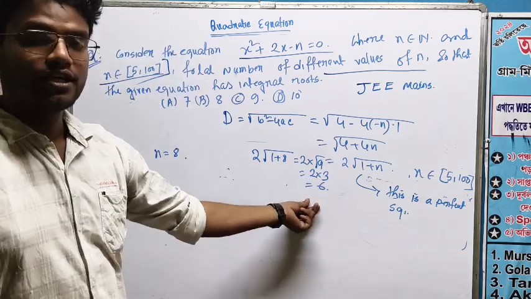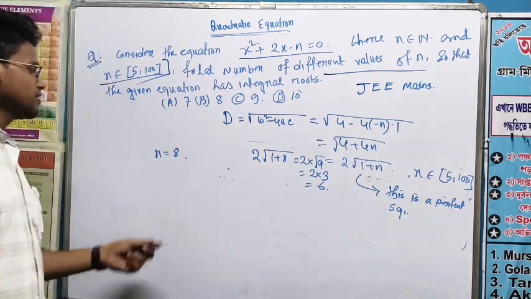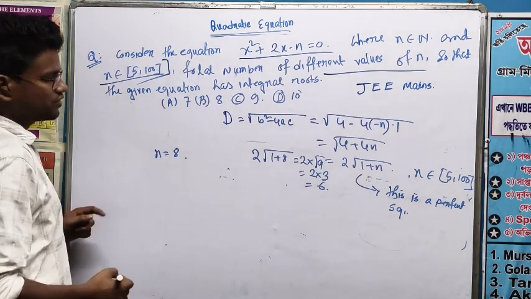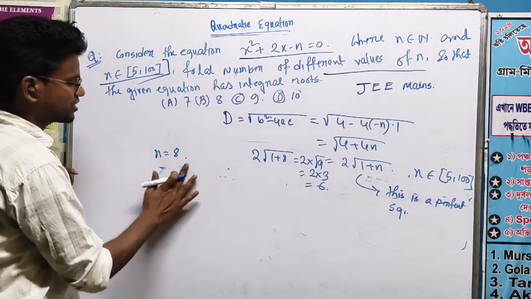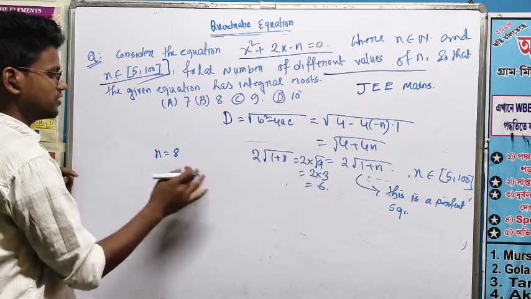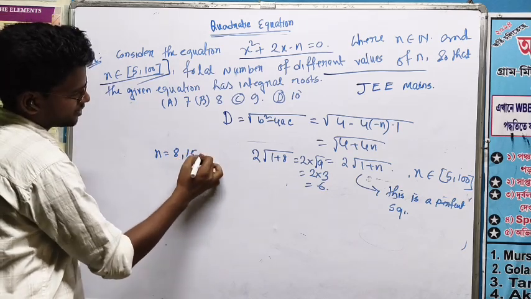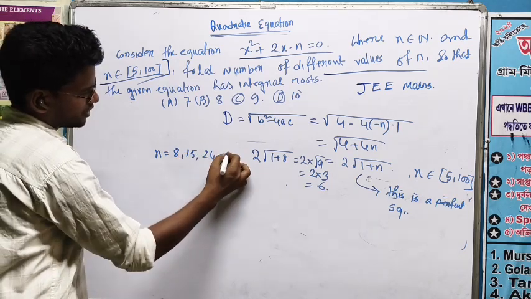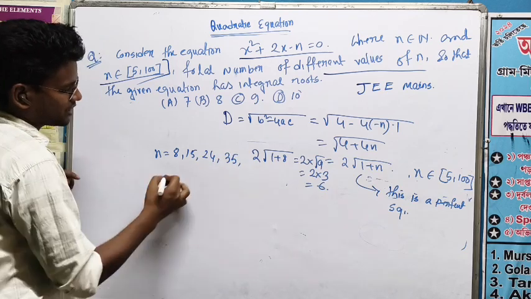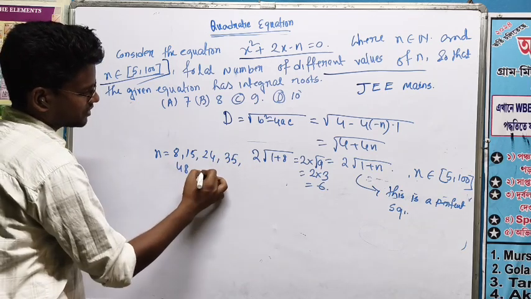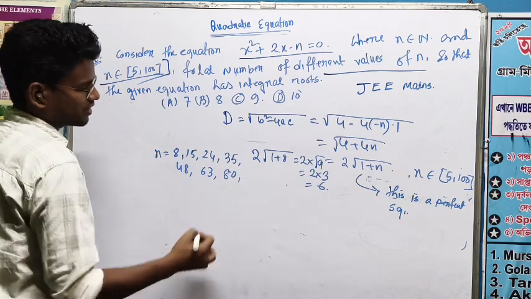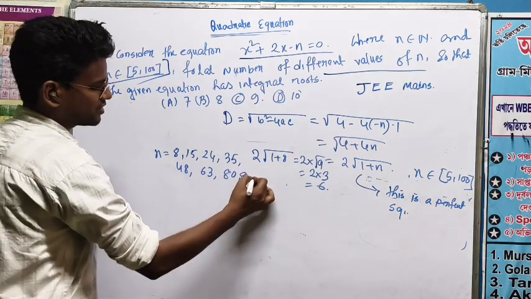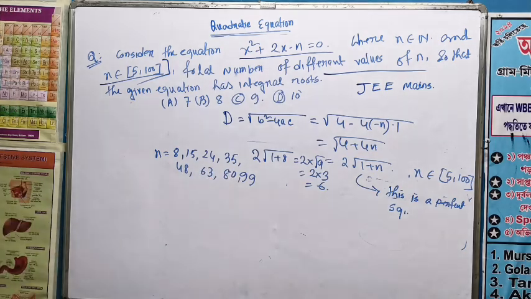These are integer roots. So the choices of n are 8, 15, 24, 35, 48, 63, 80, and 99.